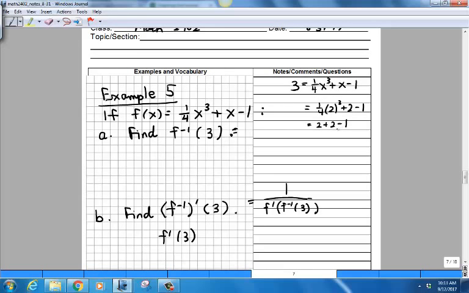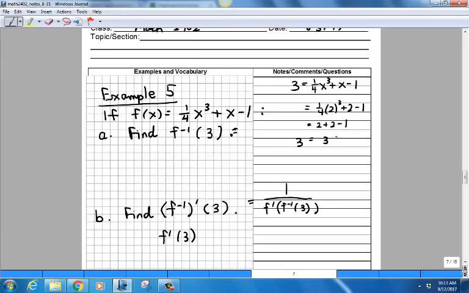What works? 2 works. Yeah, 2 works, doesn't it? If you plug 2 in for x, you will get 3 for the output.